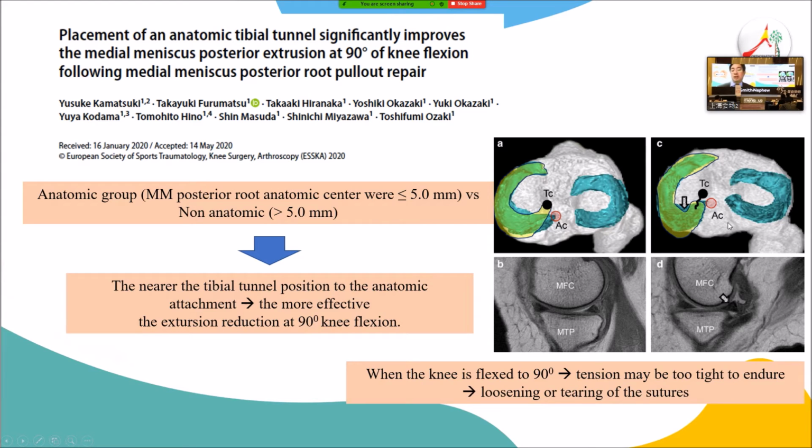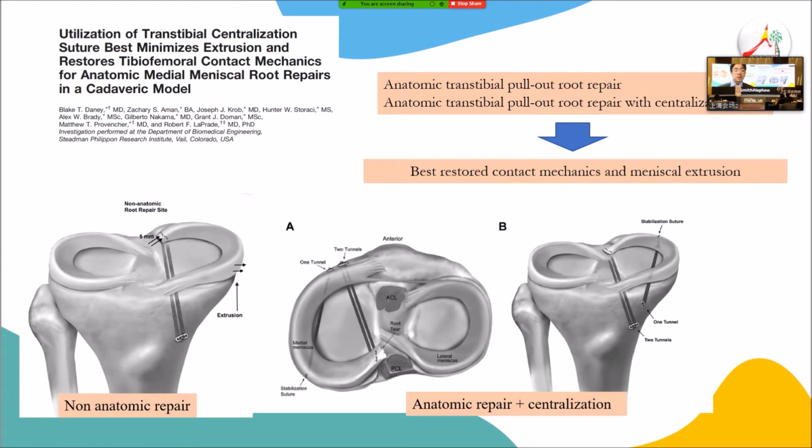That means you need to make a centralization, okay, centralization, that will reduce the meniscus extrusion. Okay, this is another article that also mentioned root repair together with extrusion reduction. This will restore the tibiofemoral contact better.